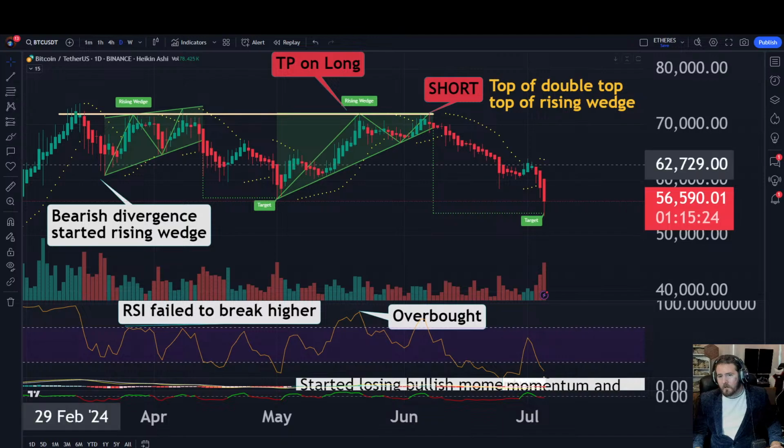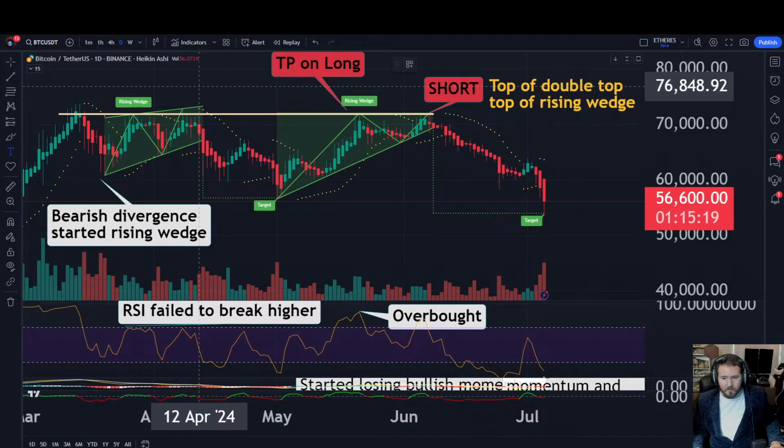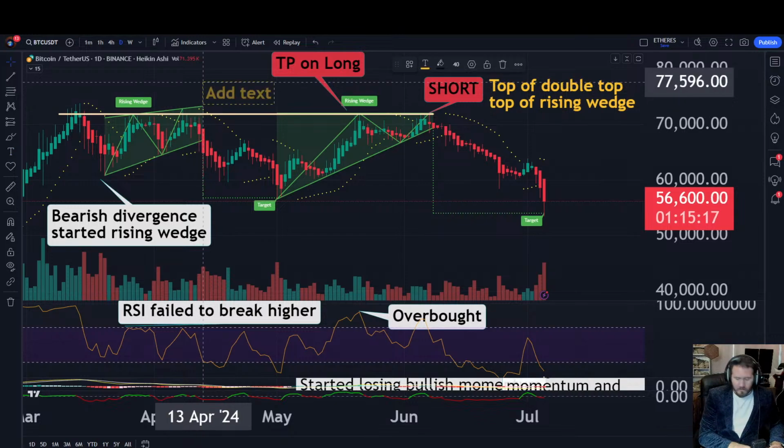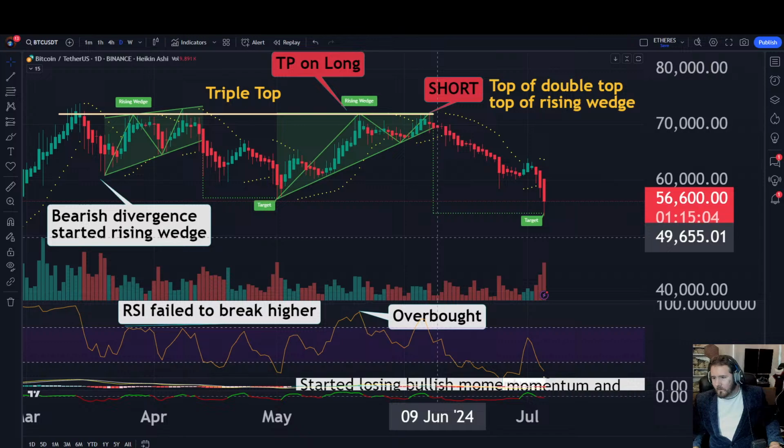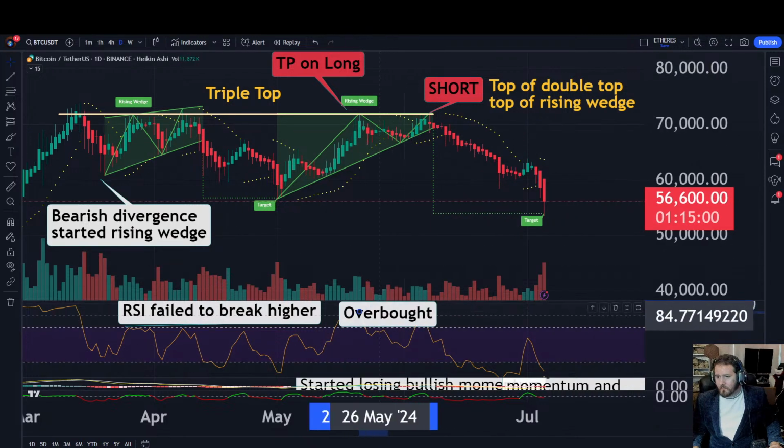We're going to add a note here as well. These rising wedges, it's a very good chart pattern. Previous double top. So this is actually a triple top. Triple top. And so this was overbought.